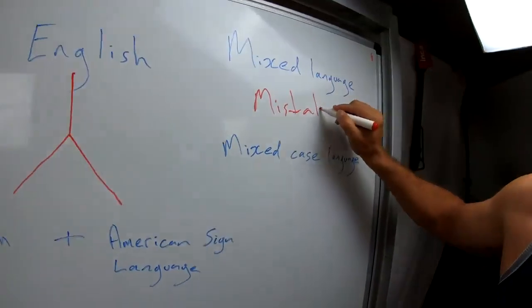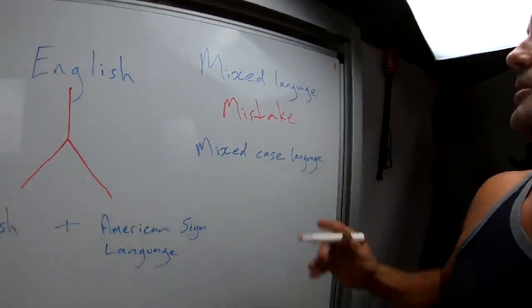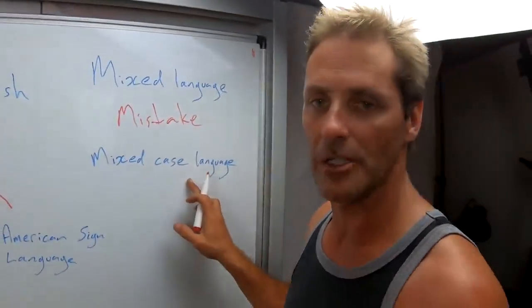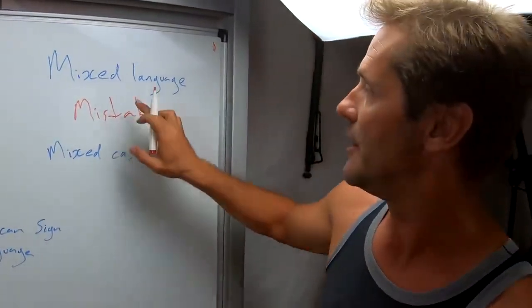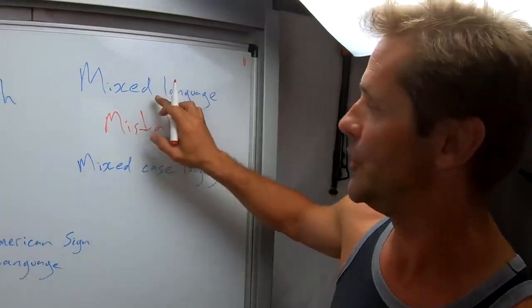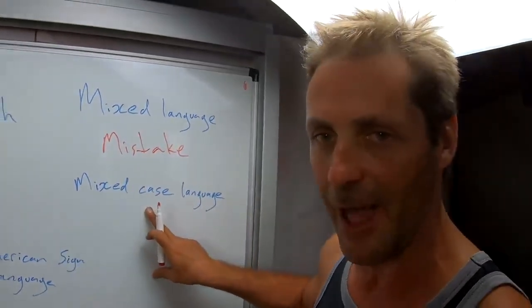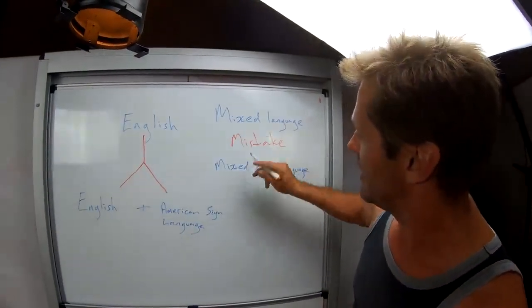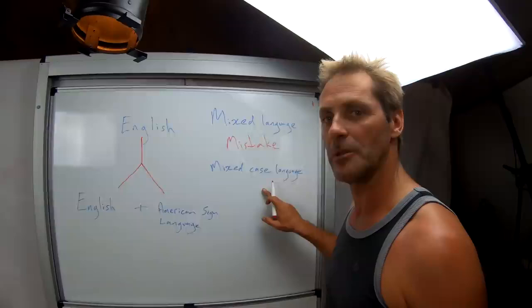So your mistake here is thinking these are the same, and it's very easy because a mixed case language does have upper and lower case, and the mixed language is a unicase being mixed in with that one. So you end up with this mixed language here instead of your mixed case language being English.